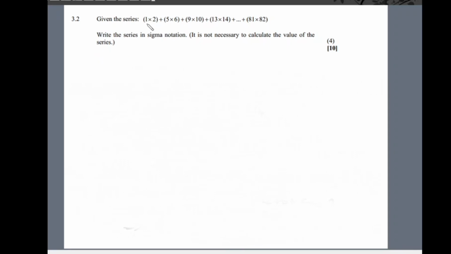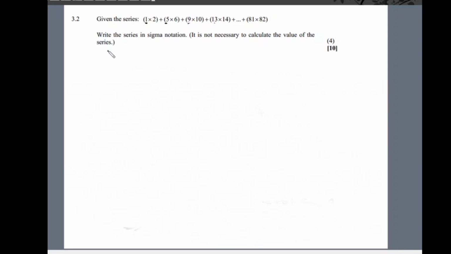So notice here, if you consider the numbers to the left of this multiplication sign, we know 1, we know 5, we know 9, and then we know 13.